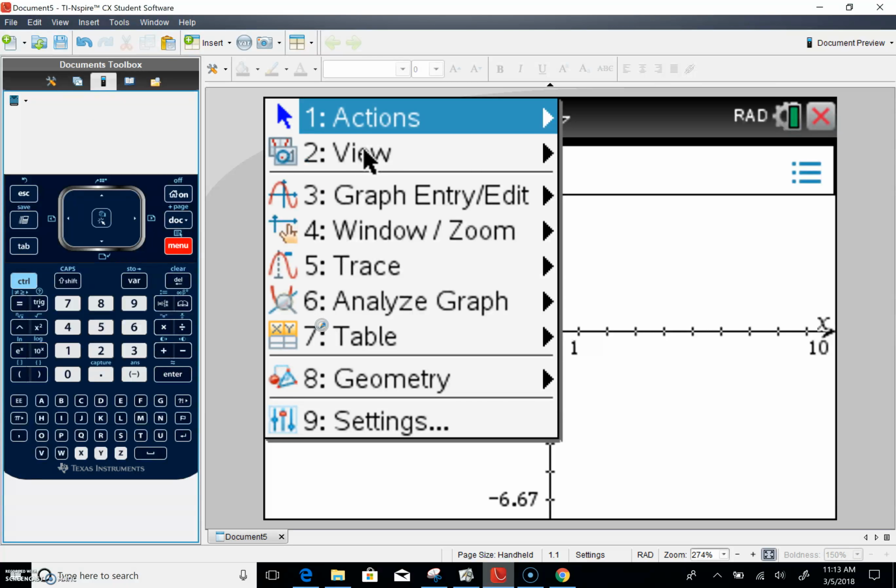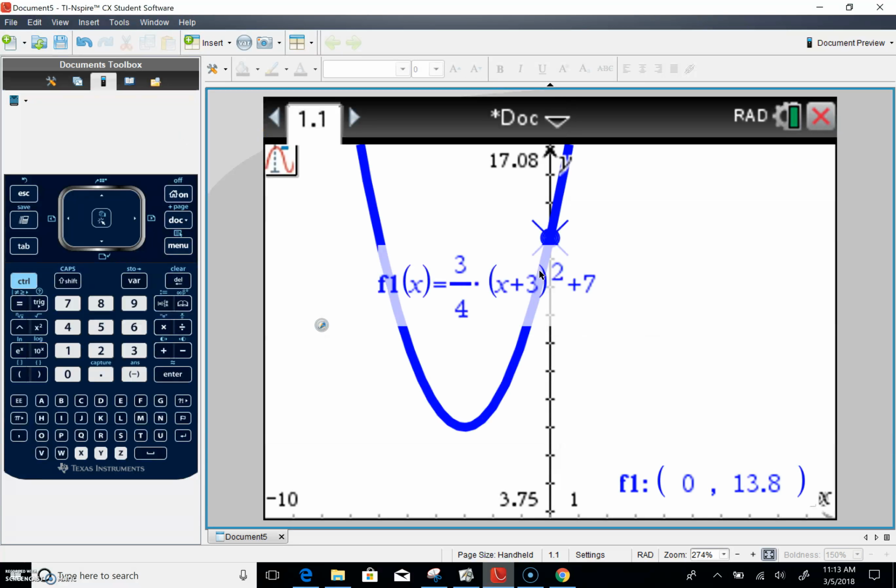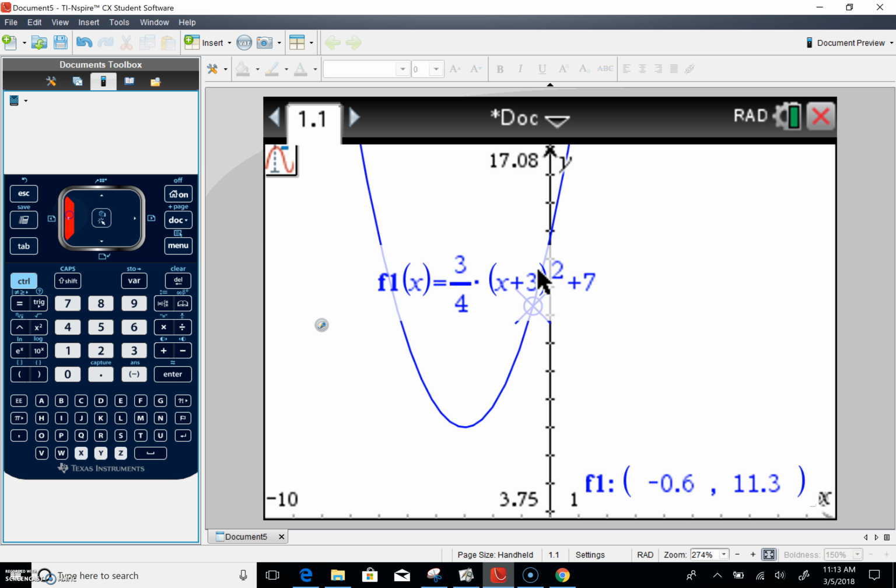So I'm going to go menu, trace, graph trace, okay? First thing we do is look for our vertex at 3, negative 7. So I'm going to go 3, go down to my vertex. Okay, so that is negative 3, 7, so that's wrong.